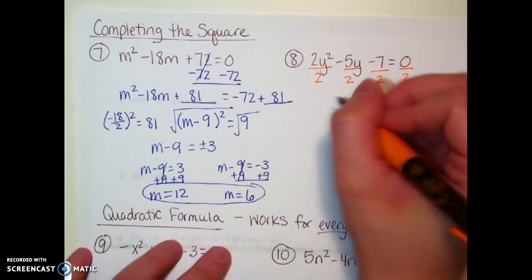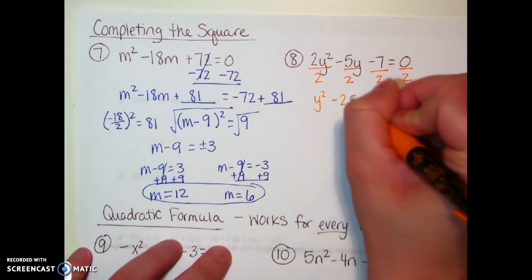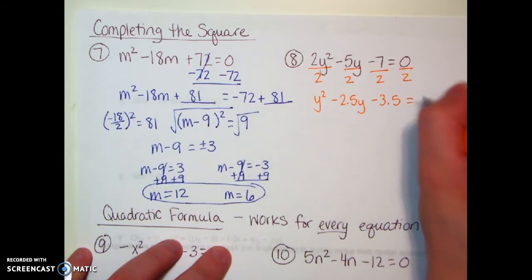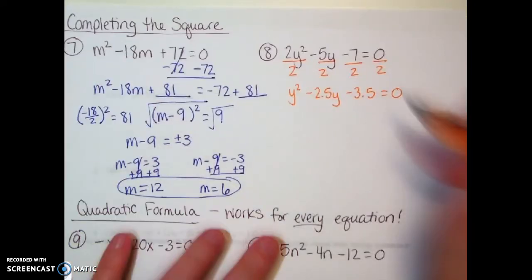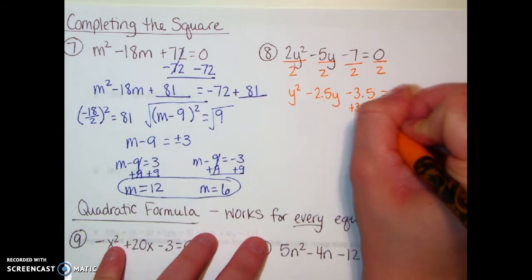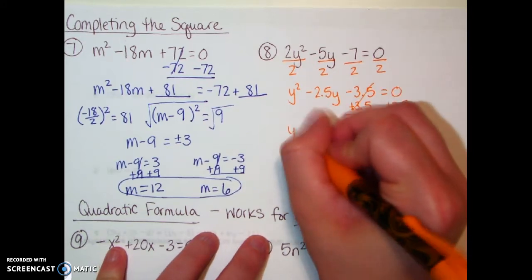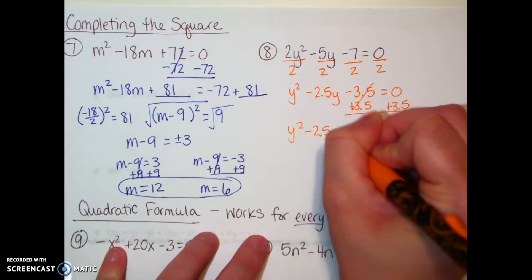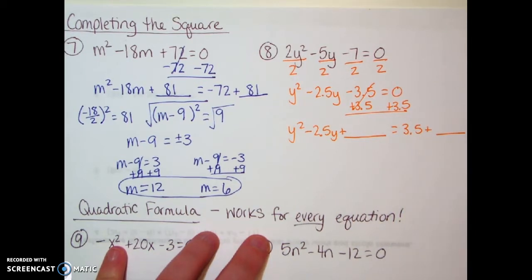So now by dividing, I wind up with y squared minus 2.5y minus 3.5 equals 0. And now I follow the same steps that I did over here. So I'm going to add 3.5 and move it over. So I get y squared minus 2.5y plus something equals 3.5 plus something.